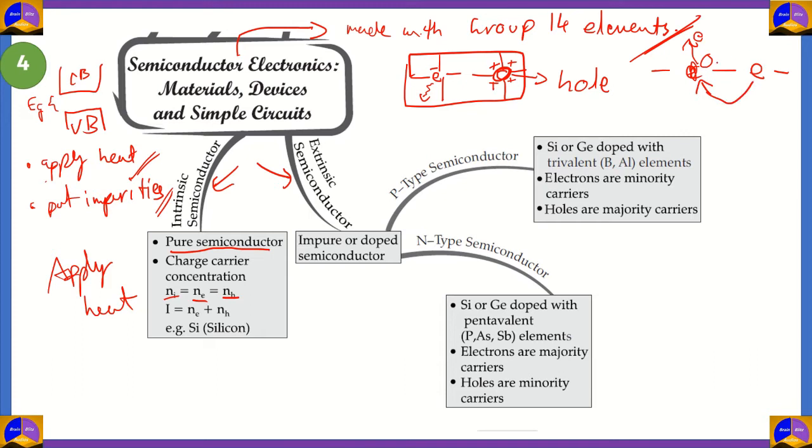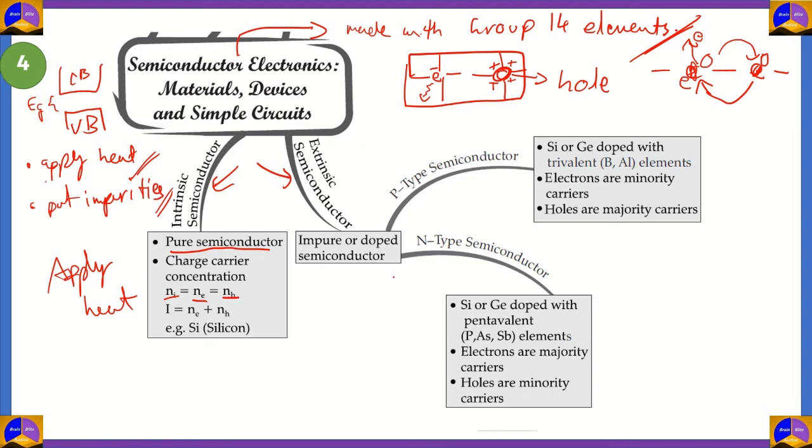So technically the hole gets transferred from this side to this side. And that is how you can conduct holes. When the electrons try to fill up these spaces, they result in the hole getting transferred to the other end. So that is how you can form charge carriers, both electrons and holes.